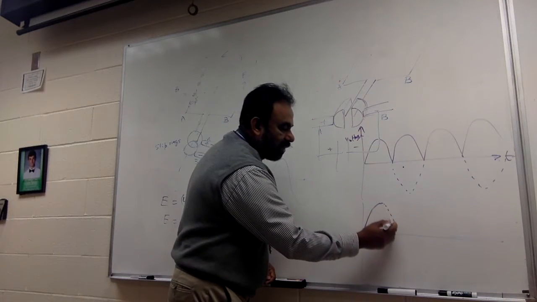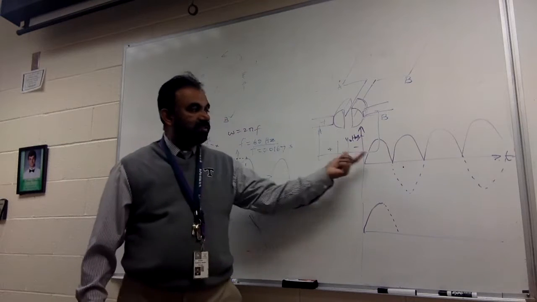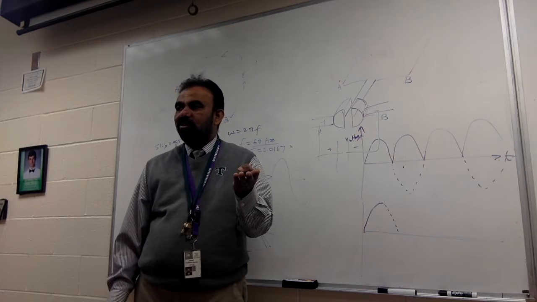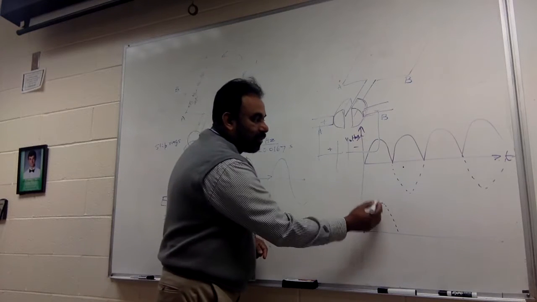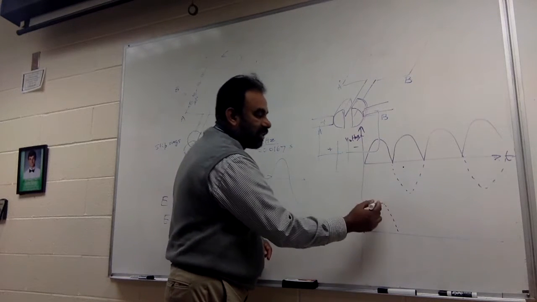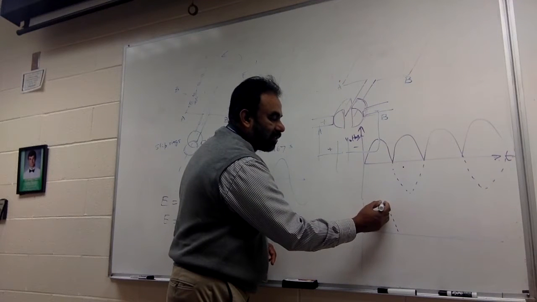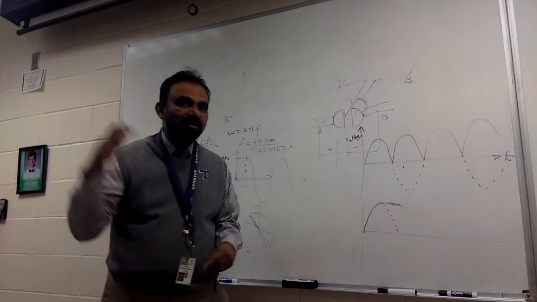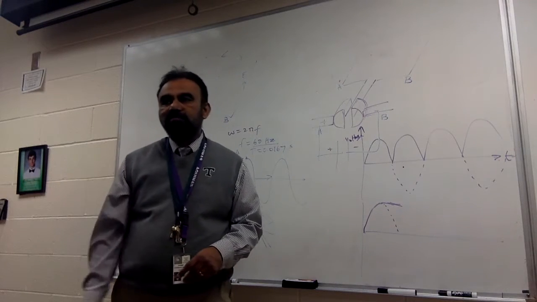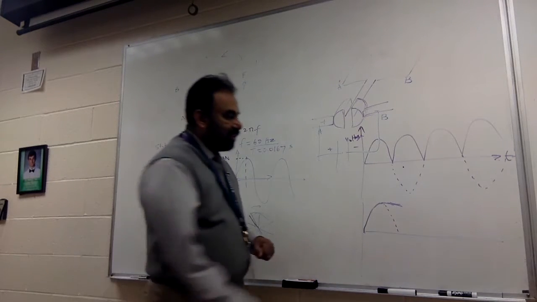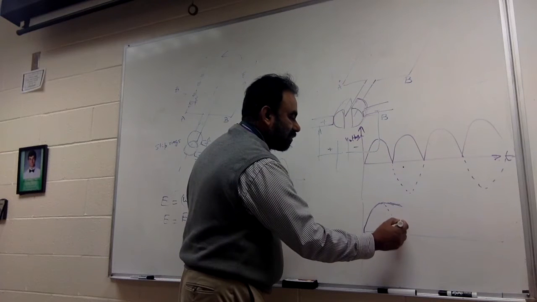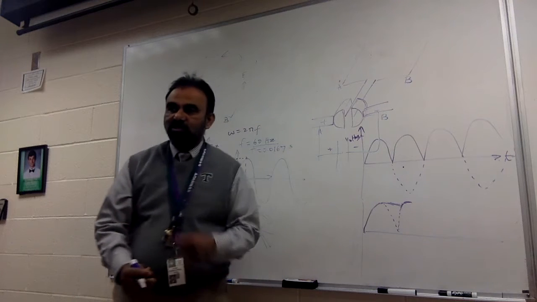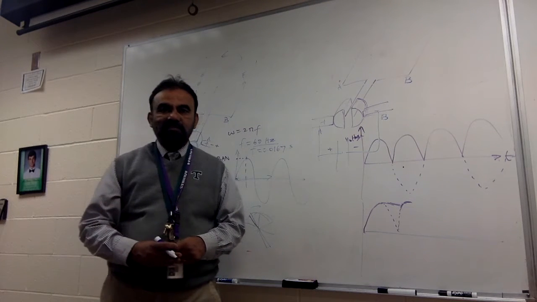When this one goes down like this, will the potential difference across the capacitor die immediately? It will hold on. It's not going to get discharged immediately. So even though the current that was charging went down, the capacitor is going to go down like that. It's going to discharge kind of slowly. Meanwhile, the second pulse comes up and charges the capacitor once again. You understand what is happening?